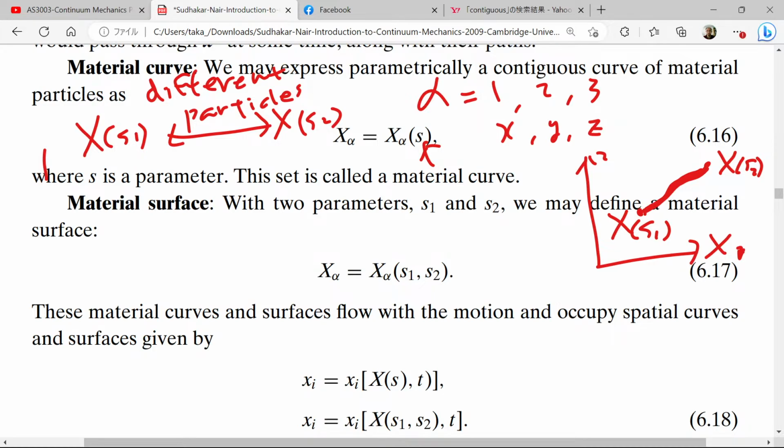I'm not very sure how you define material surfaces, but maybe you can.